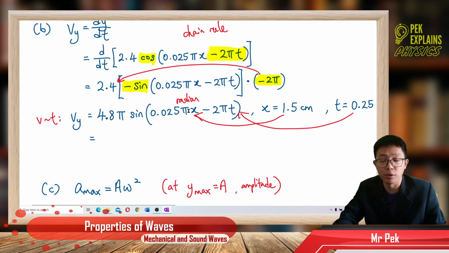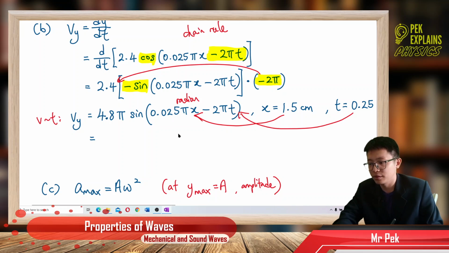Pi is 3.142 radian, isn't it? So it must be in radian. Substitute the value, and in the end you will get negative 14.98.